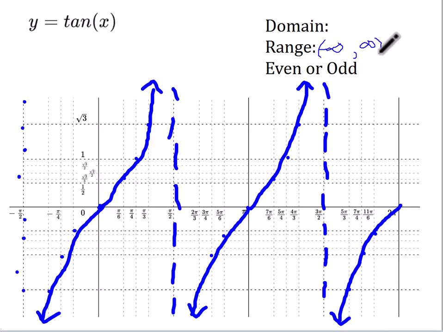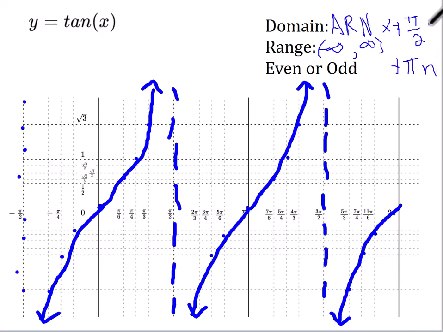The domain is all real numbers except there are specific numbers that are left out. So I'm going to say all real numbers except x cannot equal pi over 2, but it also can't equal anything plus pi units away from that. So plus pi n.